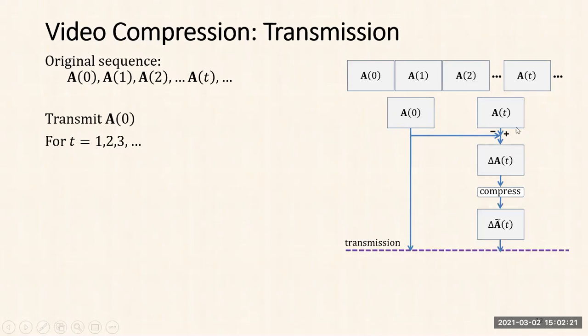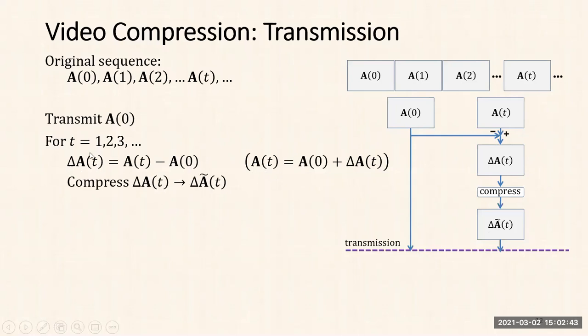So A_t minus A0 is delta A_t, the difference image. So A_t equals A0 plus delta A_t, right?